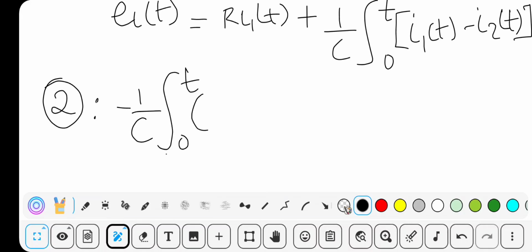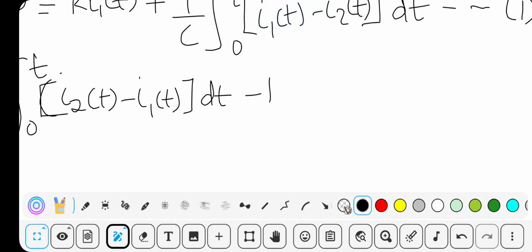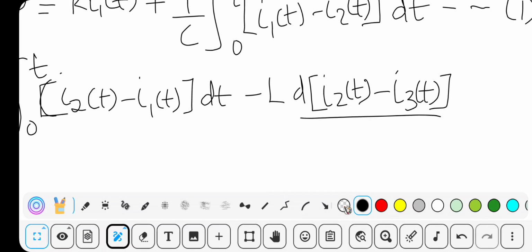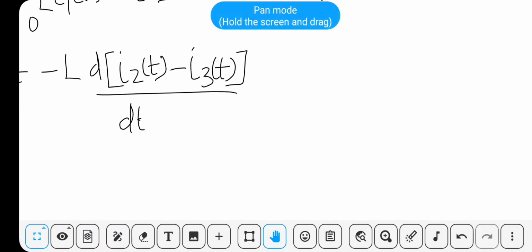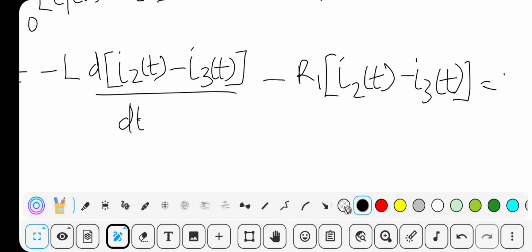So we have minus 1 over C integral of I2 of t minus I1 of t dt, minus L d(I2 of t minus I3 of t) over dt, then minus R1 times (I2 of t minus I3 of t) is equal to 0.